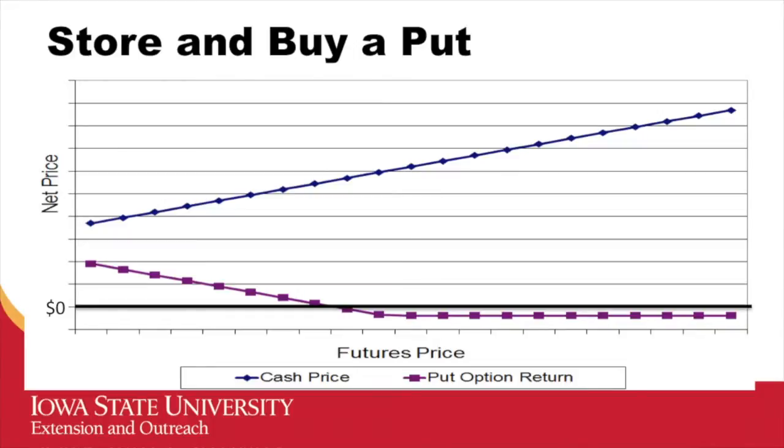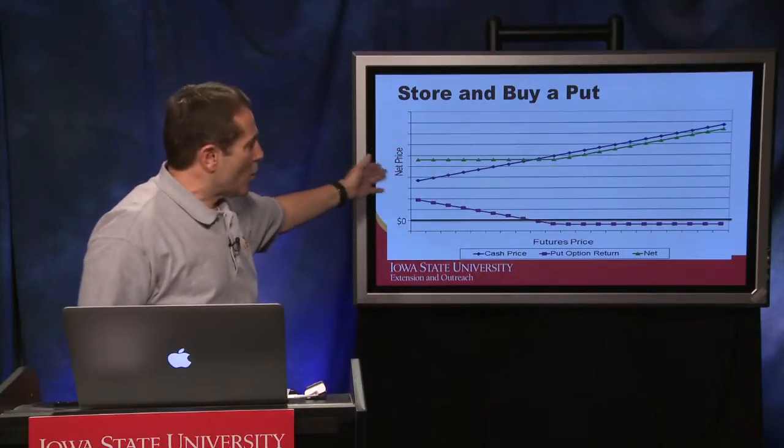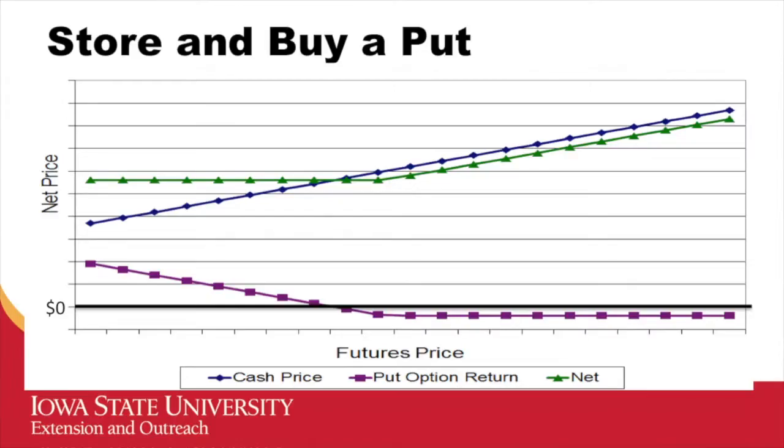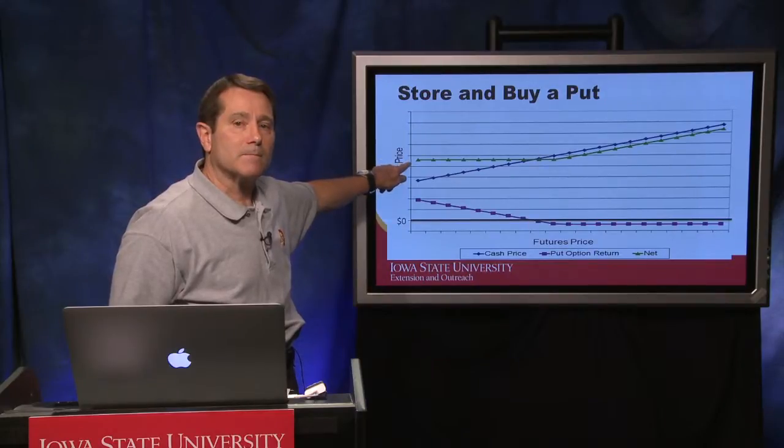Therefore, we pay a commission as well as a premium. And lastly, we benefit when futures prices actually decline and fall below the strike price and we are in the money. We can exercise the put option and benefit from lower futures prices.